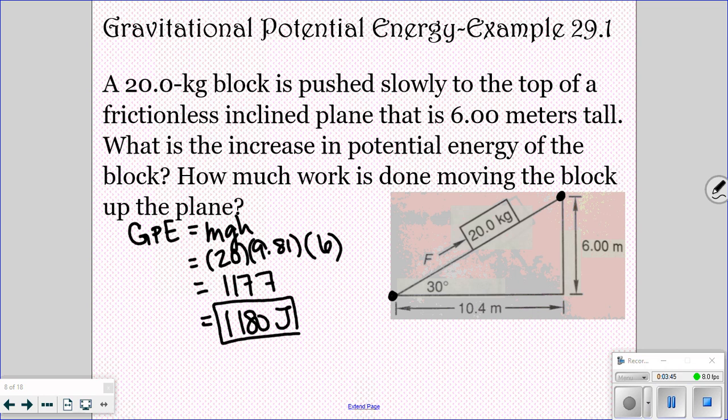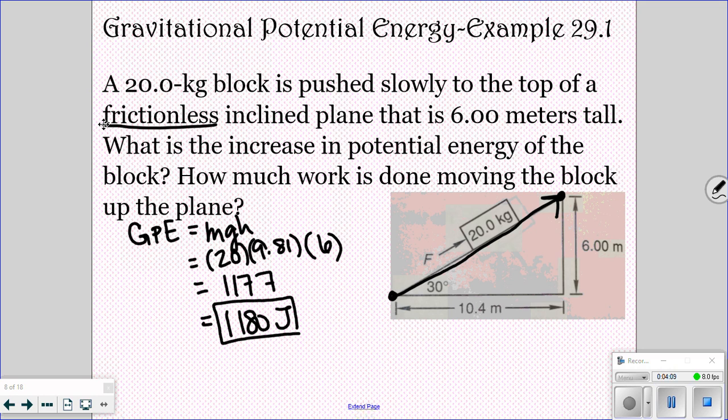And then they also ask, how much work is done moving the block up the plane? So we started here. They want to know, what is the work getting it up here? Oh wait, they do tell us: it is frictionless.